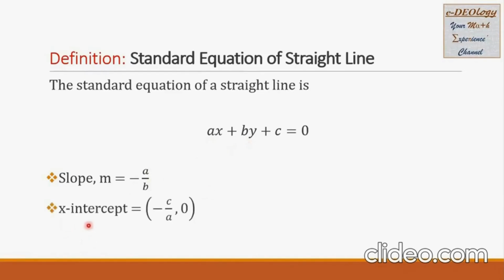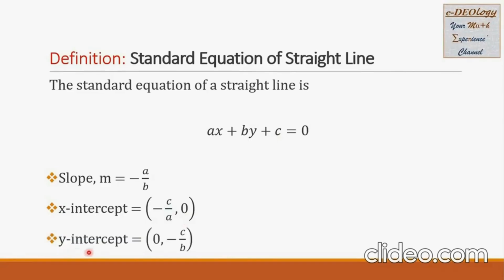With regard to the x-intercept, this is the ordered pair. The x-coordinate will be equal to the negative of the fraction c over a. The c is the constant here, and the a is the coefficient of x, while the y-coordinate is always 0.